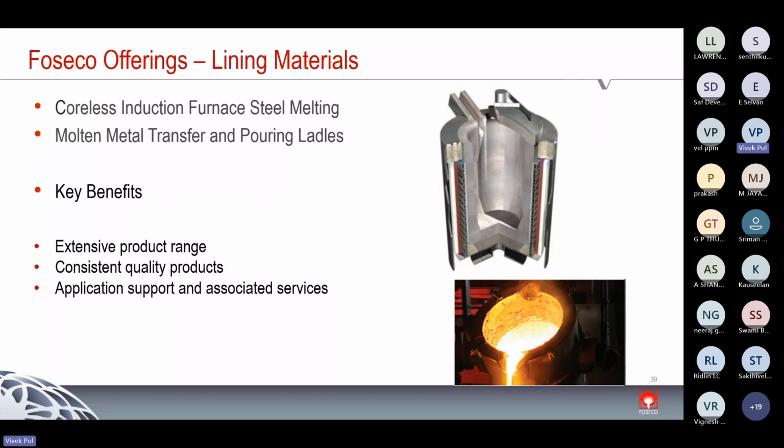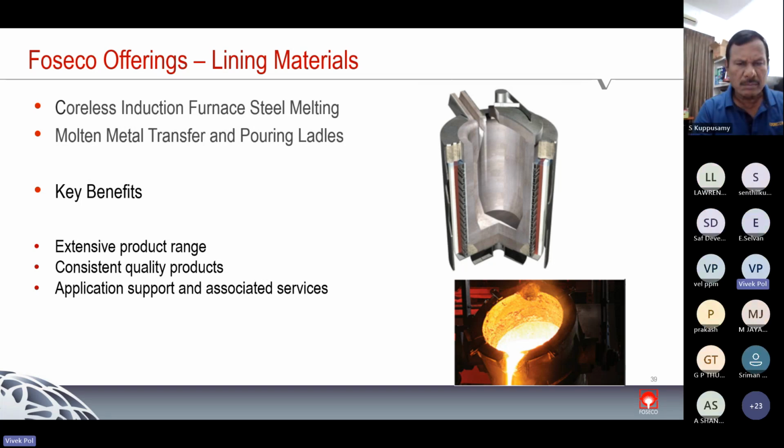So apart from this, Foseco has a presence in refractory materials. In the case of steel foundries, we have lining material, which is the neutral ramming mass for induction furnaces. Then for spout application, we have plastic refractories specially designed for spout and top application, because during charging, due to the impact of the charge, the spout and top area used to get damaged, and through those cracks, metal sometimes penetrates, which is not good.